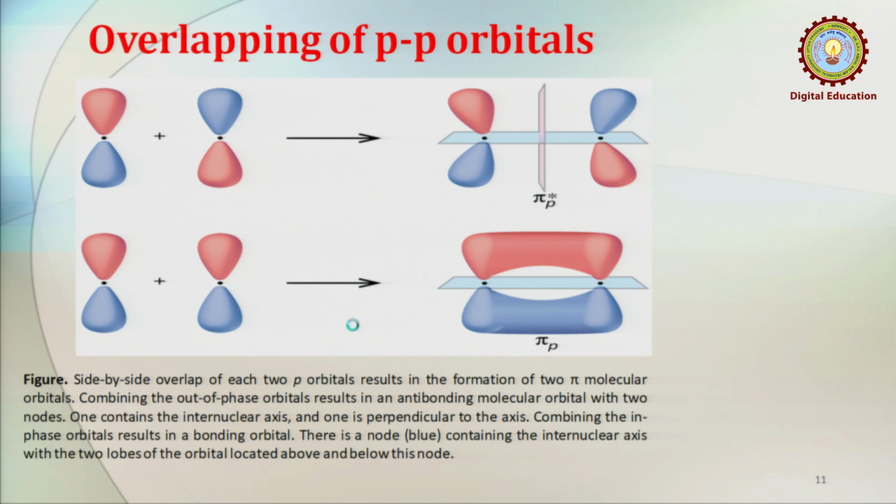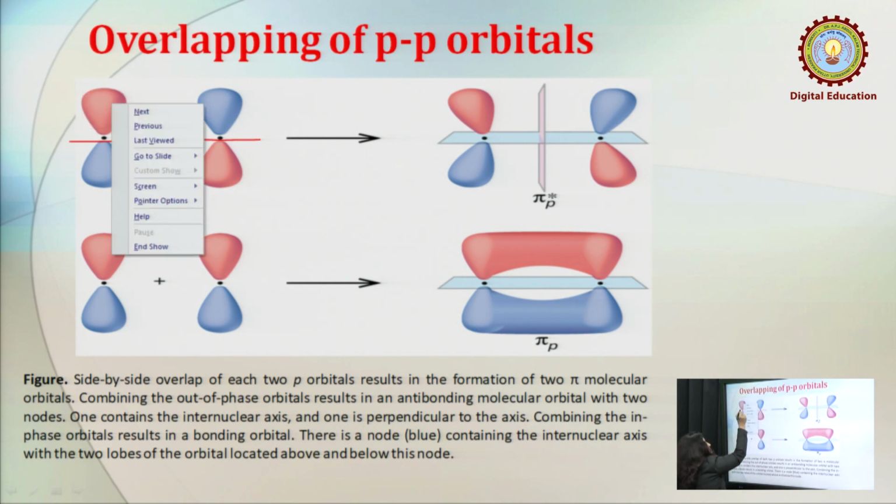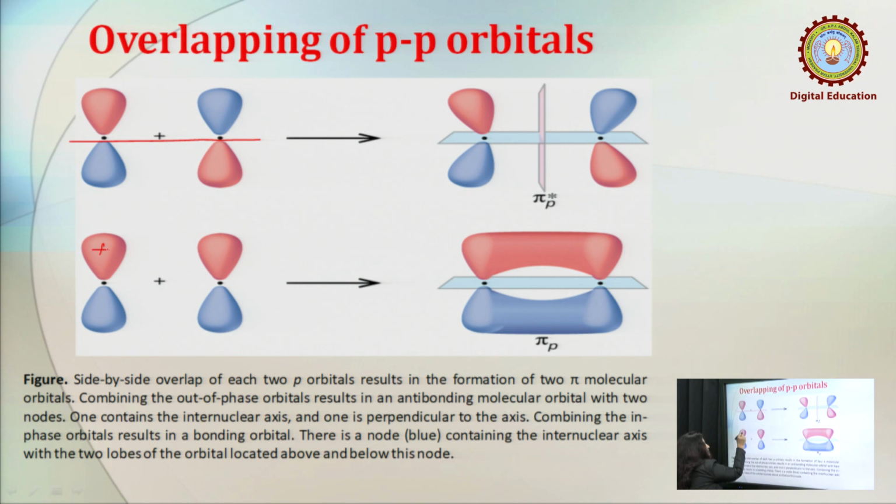Now, when we consider the other p orbital which is present perpendicular to the molecular axis, here you can see this is the molecular axis and both the atomic orbitals are present perpendicular to the molecular axis, and in that particular case, if both the atomic orbitals, here you can see that this is plus, this is plus, this is minus, this is minus.